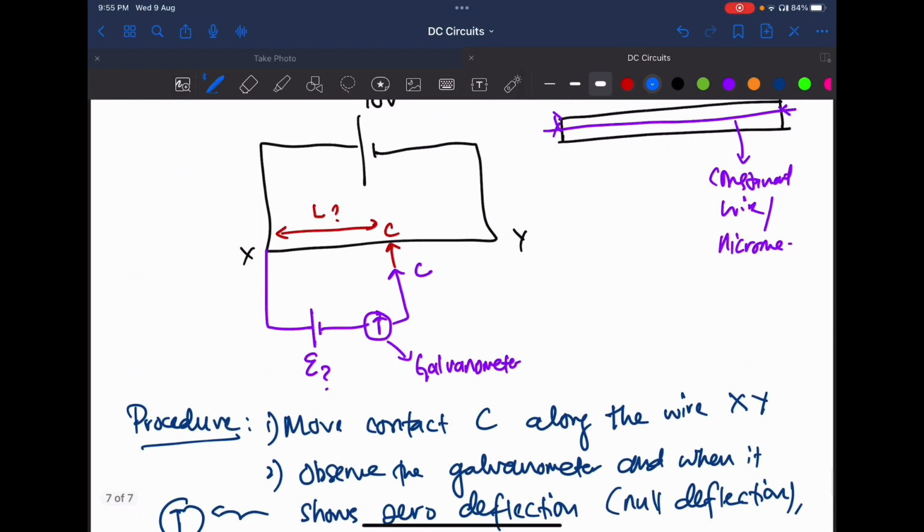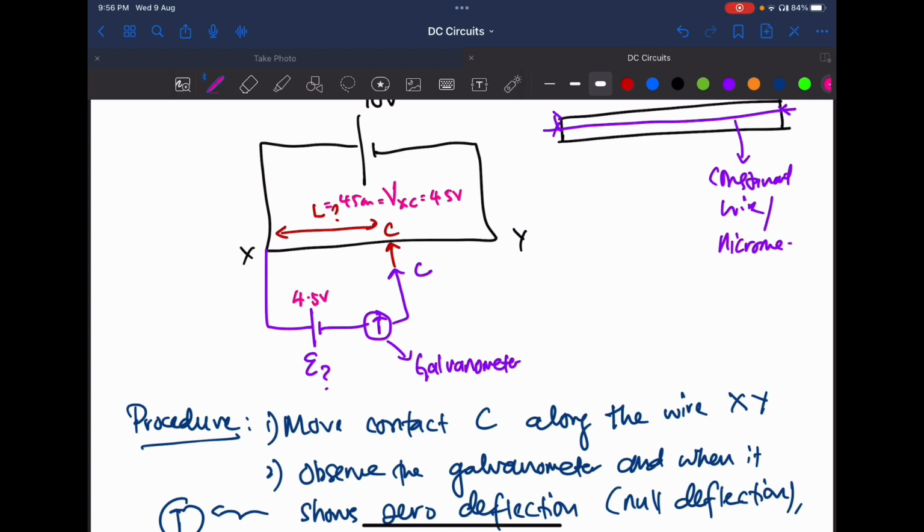Why this happens? Okay, let's see. We have to use Kirchhoff's second law. So L is 45 centimeters, which is equivalent to, if I take the voltage of XC, 4.5 volts.